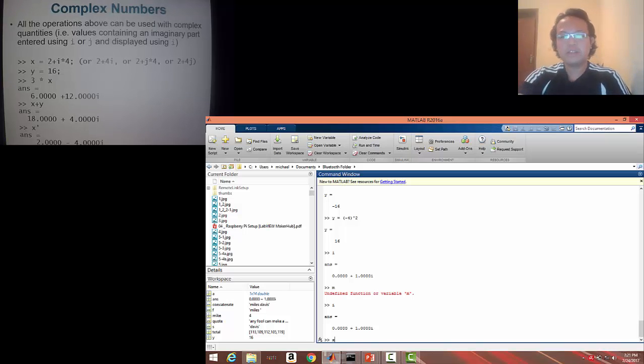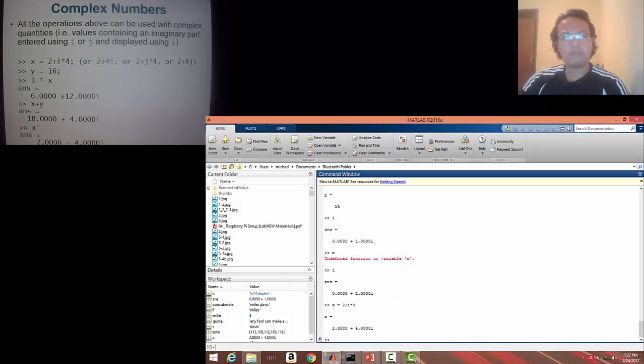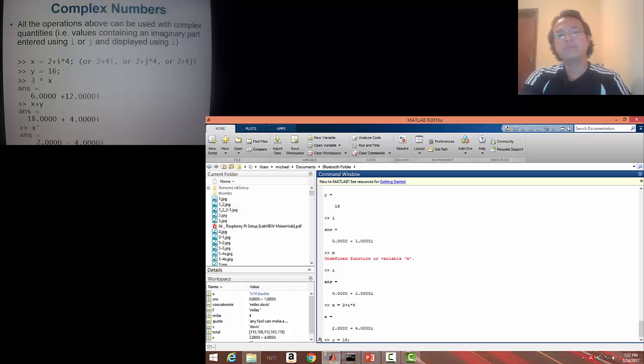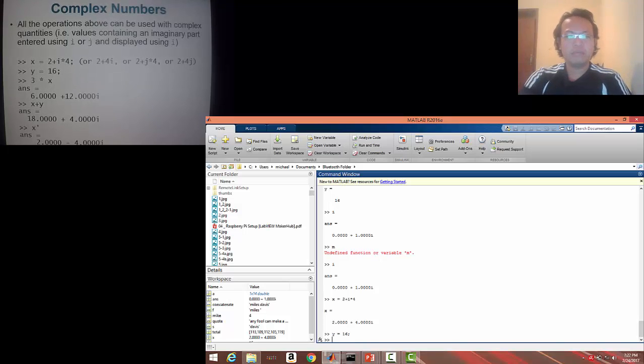So these are the examples. Say x is equal to 2 plus i times 4. It will become 2 plus 4i. Okay, so what else? y is equal to 16. By the way, I put a semicolon, so it's not displayed in the command window. And you will say 3 times x, what is that?